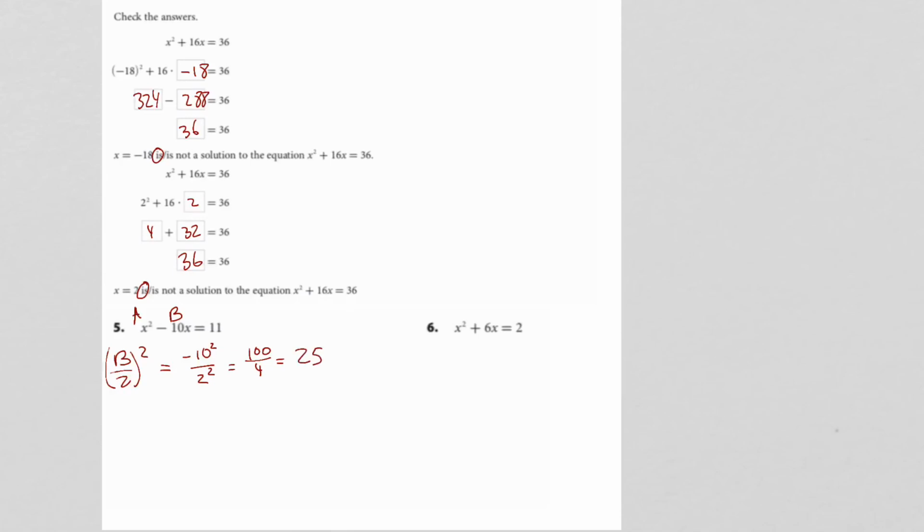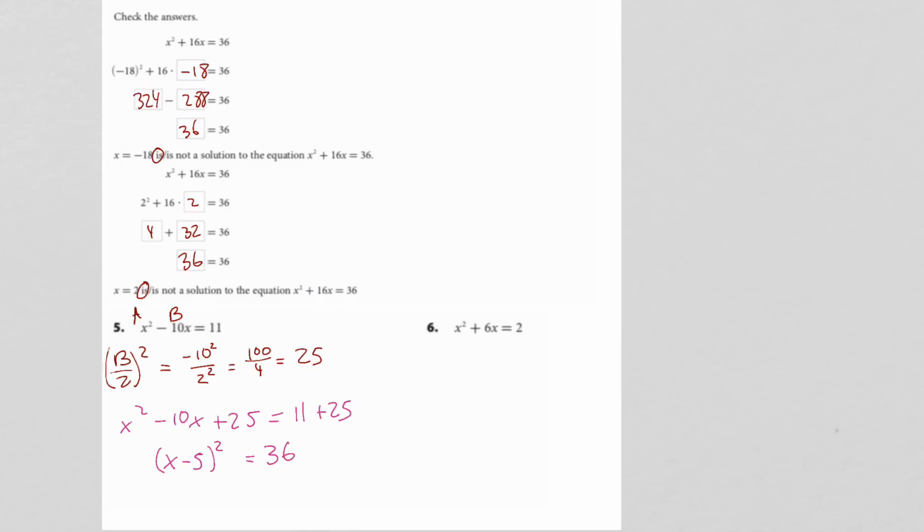So I add 25 to both sides. x squared minus 10x plus 25 is equal to 11 plus 25. And from here, this is going to factor into x minus 5 squared. And all that's equal to 11 plus 25, which is 36.